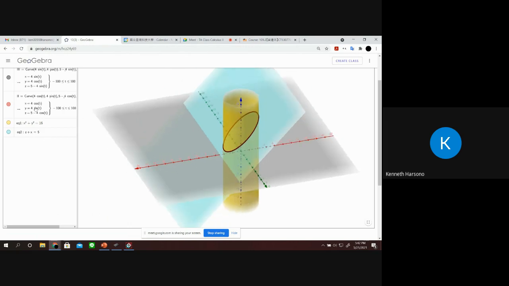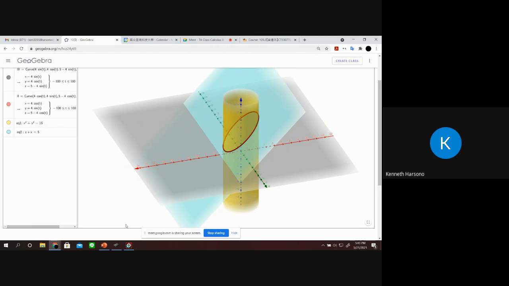Maybe you have some question, what if we set x as sine or x as cos? It's actually the same, but only a different direction for the curve. So if we turn this off, this one is x is equal to 4 sine t, and the red one here is x is equal to 4 cos t. But you have to make sure that the z is correct. So 5 minus sine and 5 minus cos t.